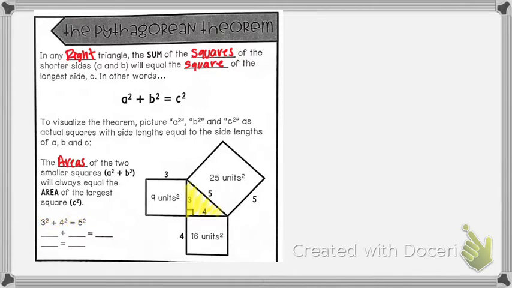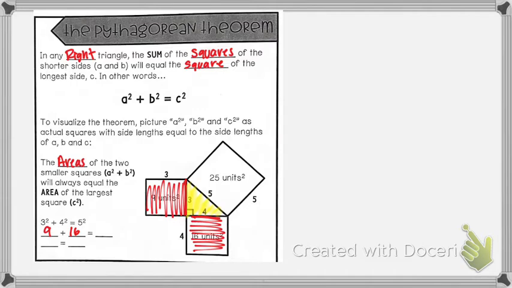Okay, 3 squared is 9. And here we see on this side, the area of the square is 9 units, right? 4 squared is 16, and here the area of the square is 16, right? That's 4 times 4, 16.